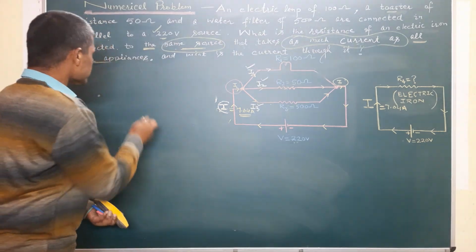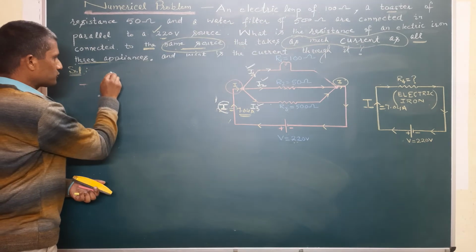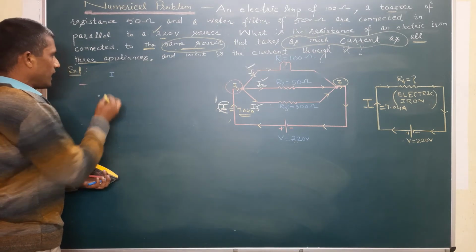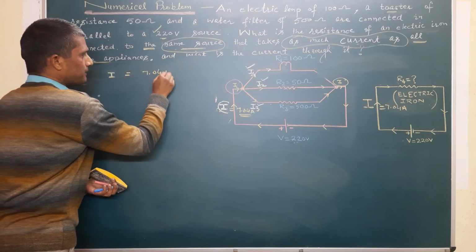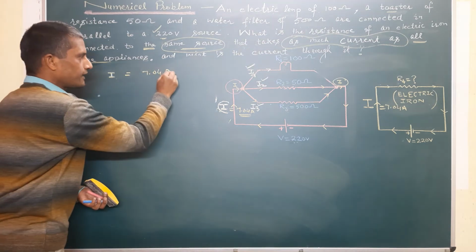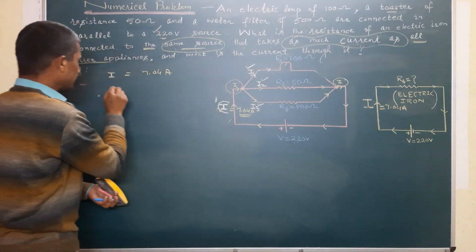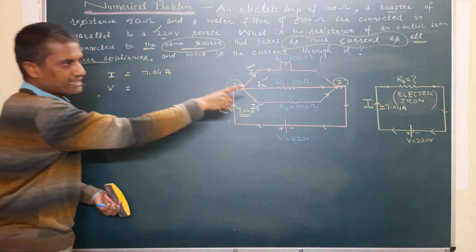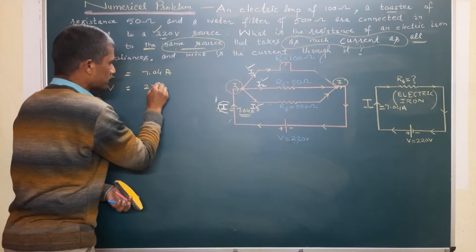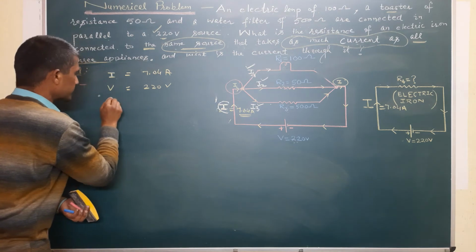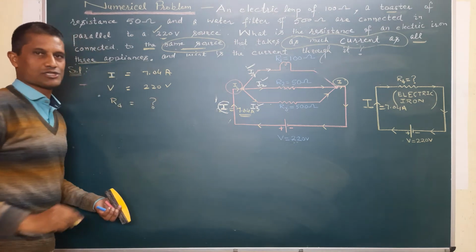The current flowing through the electric iron is I equal to 7.04 ampere. The resistance of the electric iron we have to find out. The potential difference the electric iron is subjected to is 220 volt, and its resistance has been taken as R4, which is the question mark.